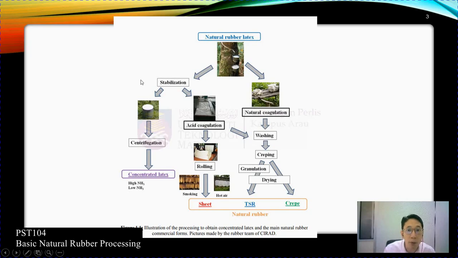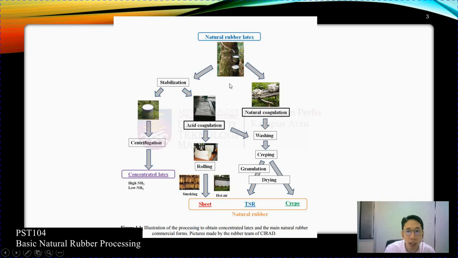Or with the stabilized latex, we go to the coagulation process, then some rolling to remove the byproduct water, etc., to produce sheets. Here we have RSS, ribbed smoke sheets, and hot air sheets, which we call air dried sheets. Other than that, auto-coagulated rubber can also be produced and used for creping, granulating, and drying.